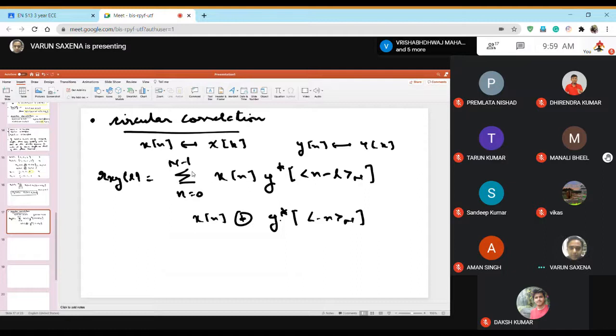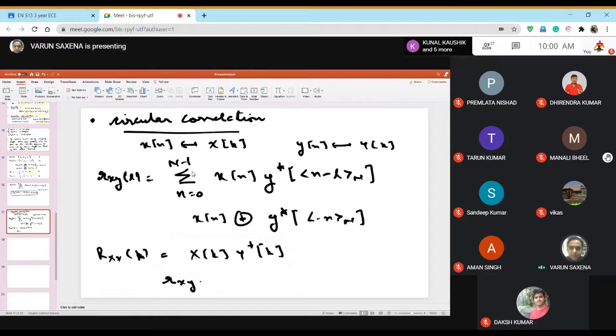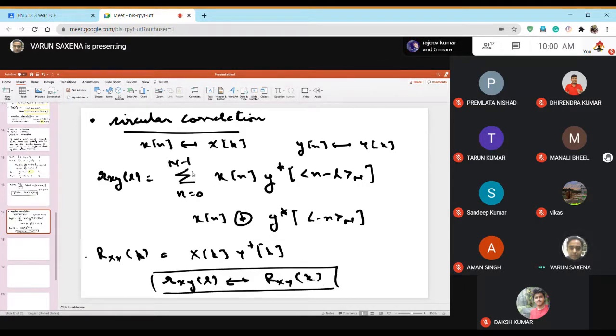If you take a DFT of this, R_xy[k], then that is simply equal to X[k] into Y star [k]. So what I mean to say is that r_xy[l] has a DFT pair which is X[k] Y star[k]. This is the result that you need to remember, and this is circular correlation.